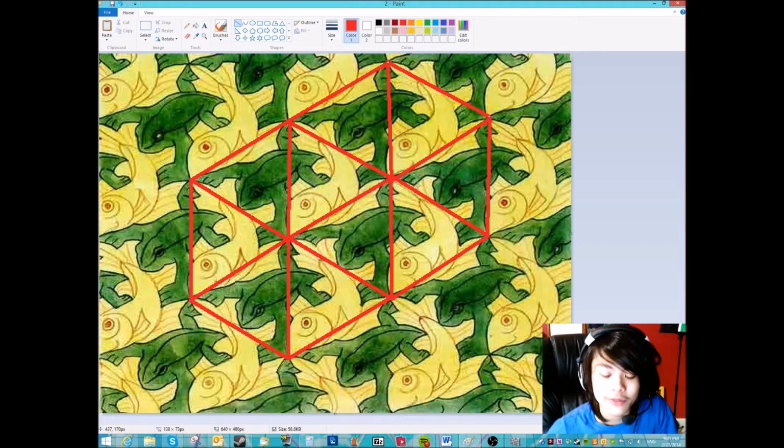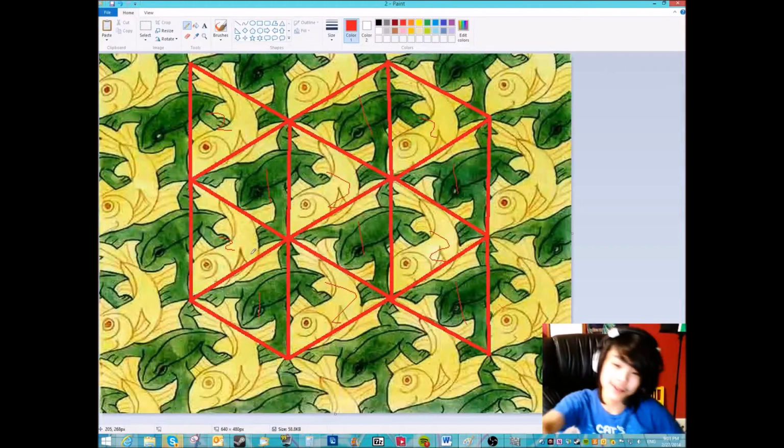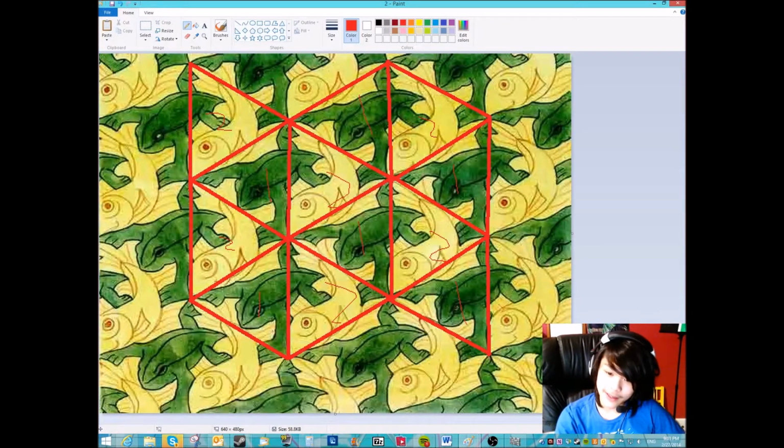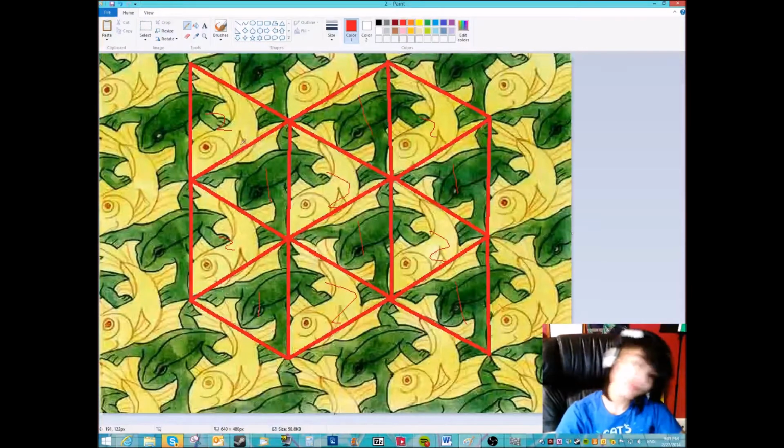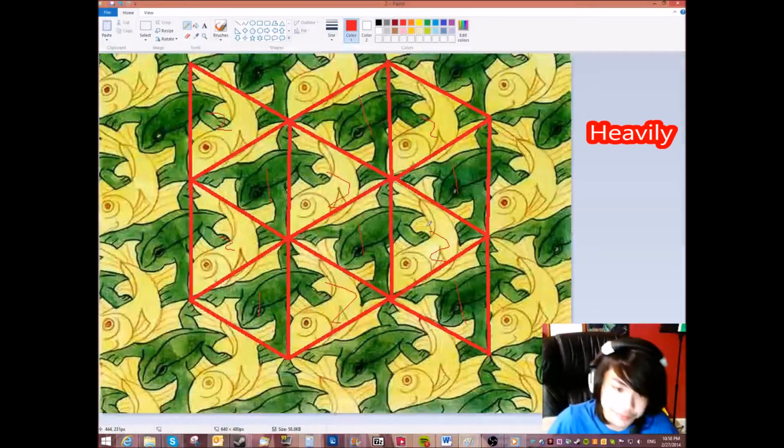So I'm just gonna do that, and I'll get back to you. So here, I've done all the possible hexagons I can do because I can't see any further intersections, and I've also labeled all the triangles dominated by the green frogs as 1, and the ones dominated by the yellow fish as 2. So we can see that even though these tessellations are hyperbolic due to the curved lines, it still resembles Euclidean.